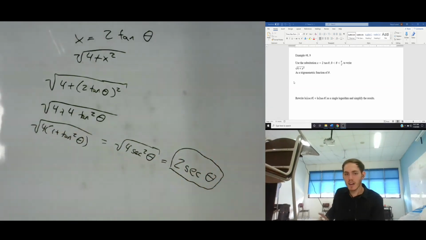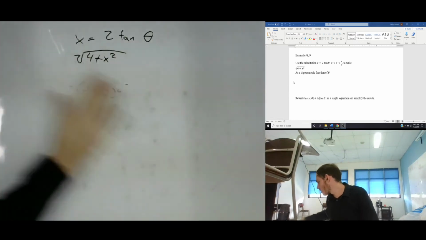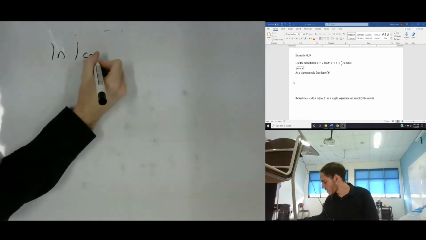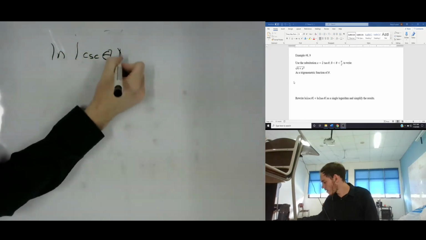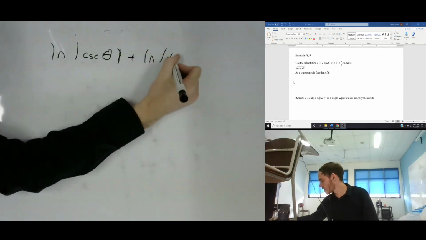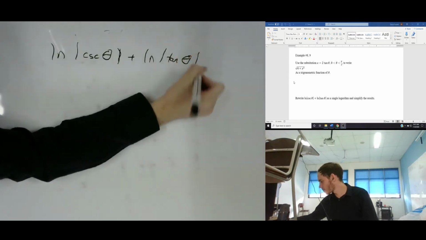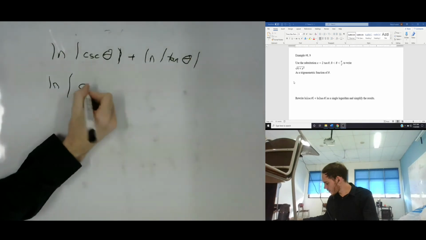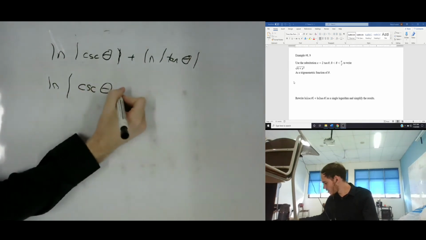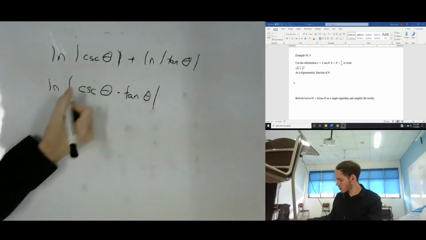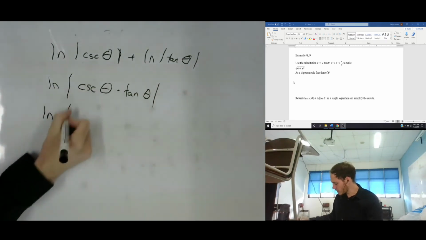Okay? Now we're going to rewrite natural logs to be 1 natural log and without fractions. So natural log, absolute value of cosecant theta, plus natural log of tangent theta. Now if you put them together, you get natural log of cosecant theta times tangent theta. Now the first thing we do is we turn these into sine and cosine, so it's easier to deal with.